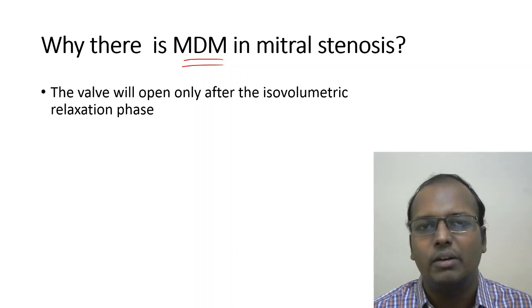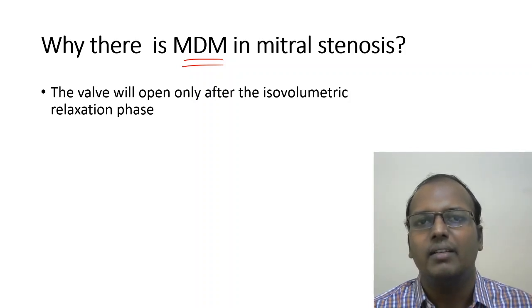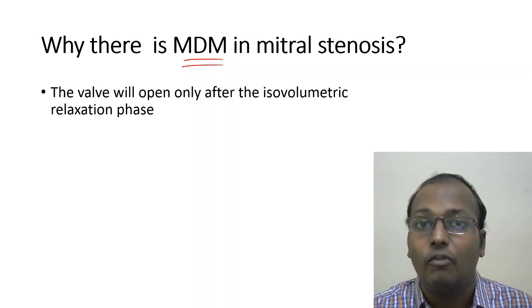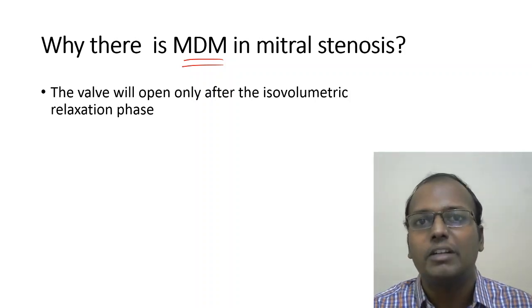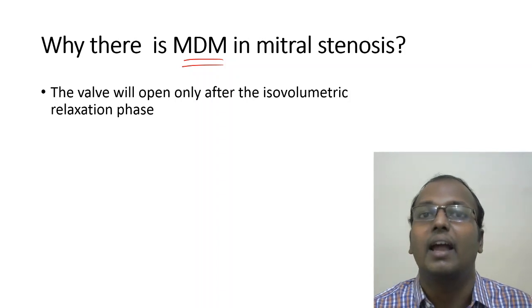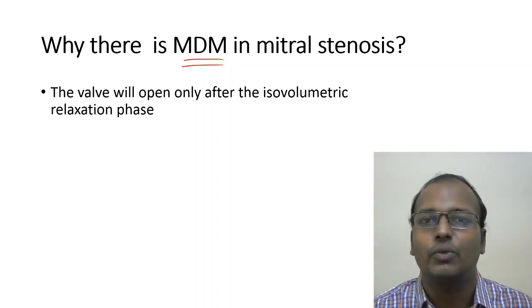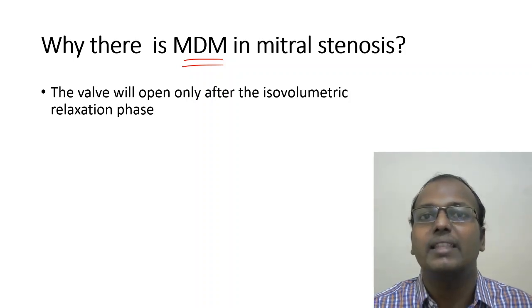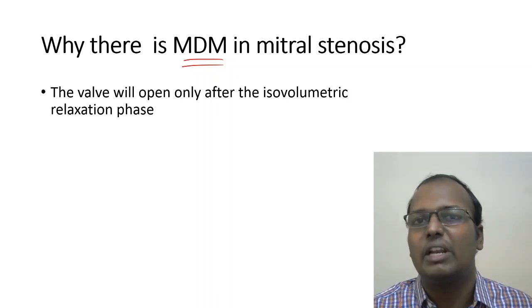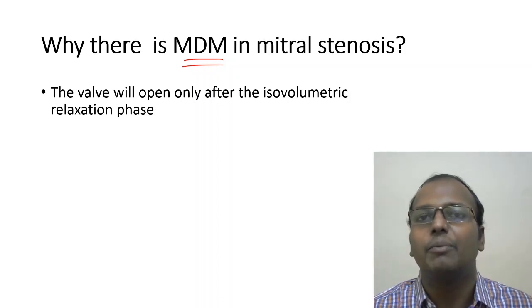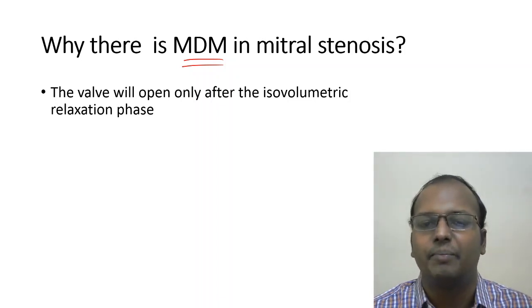The blood flow from the atrium to the ventricle starts after the valve gets opened. The valve opens with the sound called opening snap, and that opening snap can be absent in a patient with calcified valve. Remember that. Only when the valve is open, the blood flows from the left atrium to the left ventricle, and that will produce the mid-diastolic murmur.